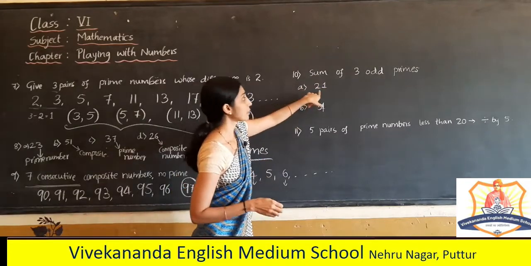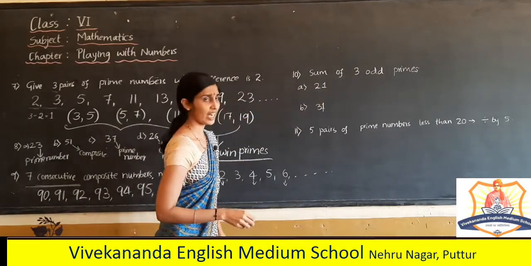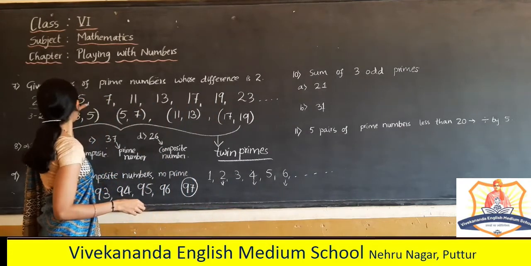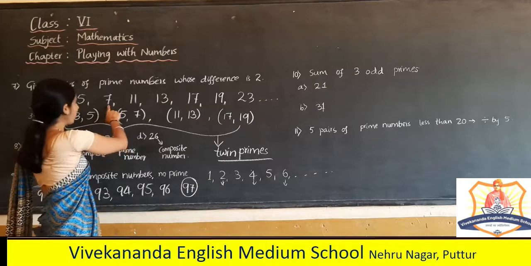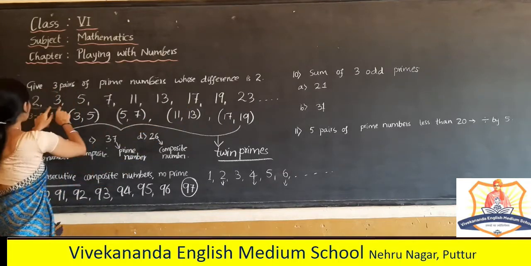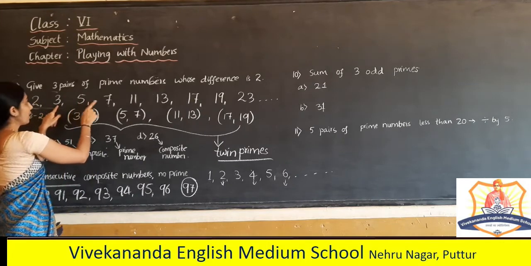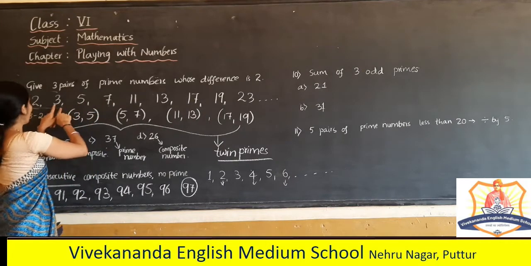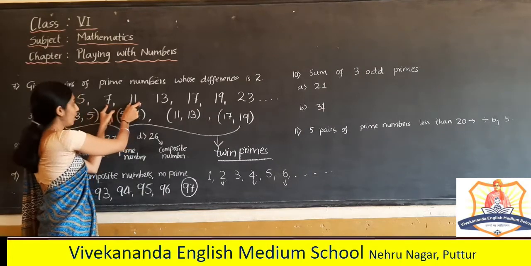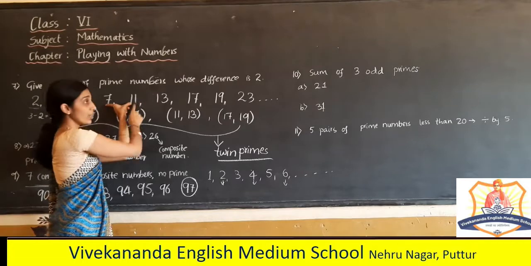So, 21, how can I write? They asked for 3 odd primes, right? So I'll choose 3 plus 7, 10. 10 plus 11, 21.